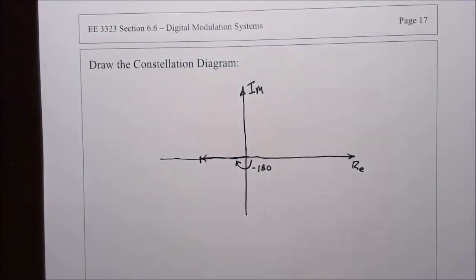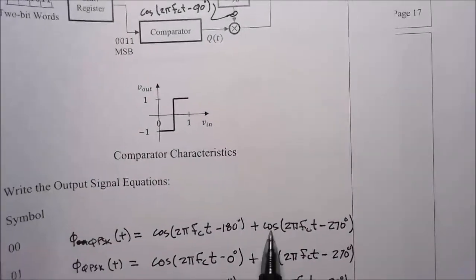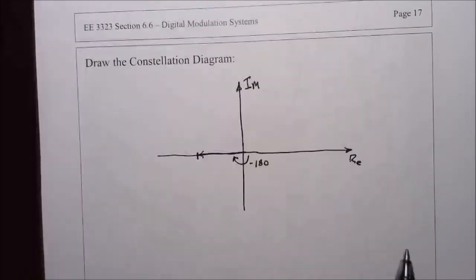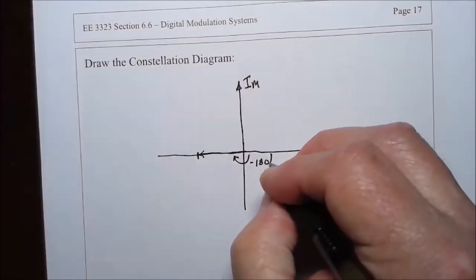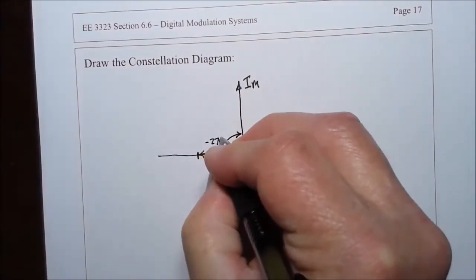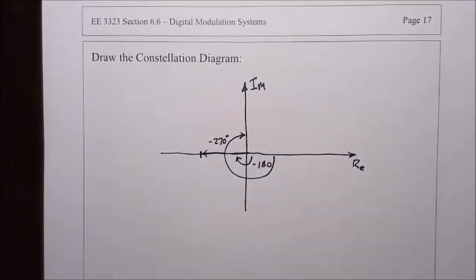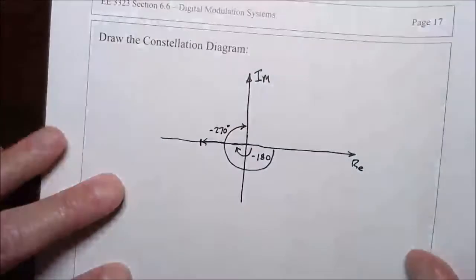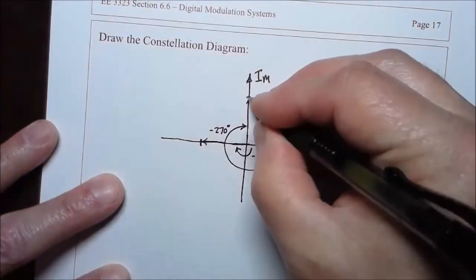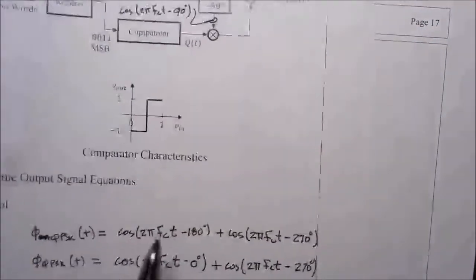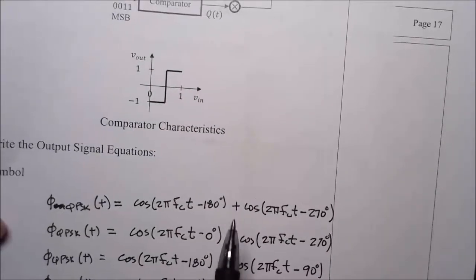And then the phasor for the second cosine has an amplitude of 1 and an angle of minus 270. The angle of minus 270 points all the way to there. This is minus 270 degrees. And if we were to draw the phasor with a length of 1, right to there. Okay. Now the sum of these two cosines would be represented by the sum of their two phasors.